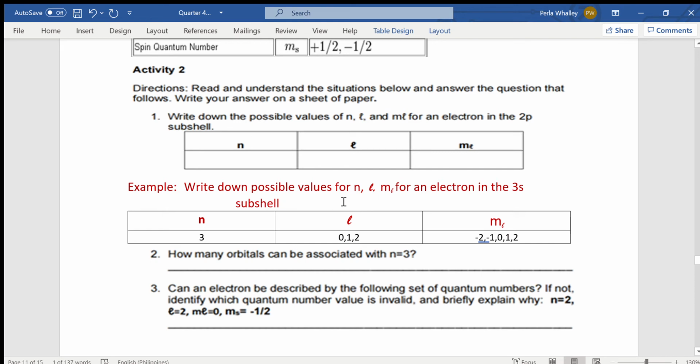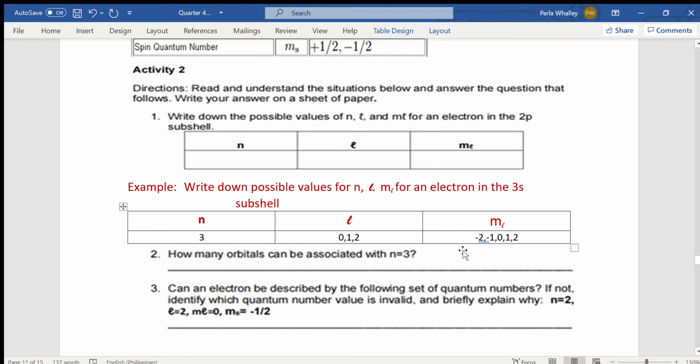Write down possible values for N, L, and M sub L for an electron in the 3s subshell. If it is a 3 subshell, that means the L would go up to N minus 1, so the ending would be 2. But always remember, you start with 0: 0, 1, 2.